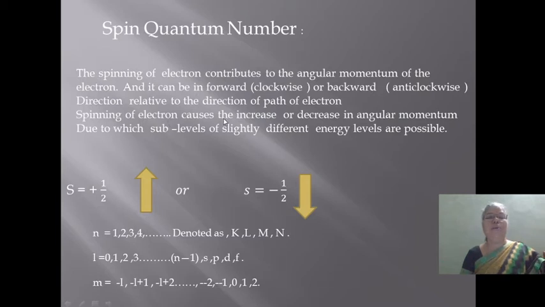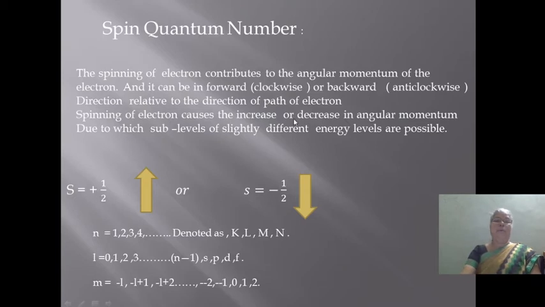The spinning of electron causes increase or decrease in the angular momentum, due to which sublevels of slightly different energy levels are possible, and the spin quantum number is denoted by letter S, and it will have either plus 1/2 value or minus 1/2 value. These are the two possible values for spin quantum number S.